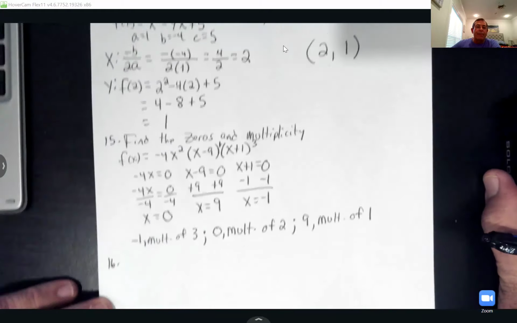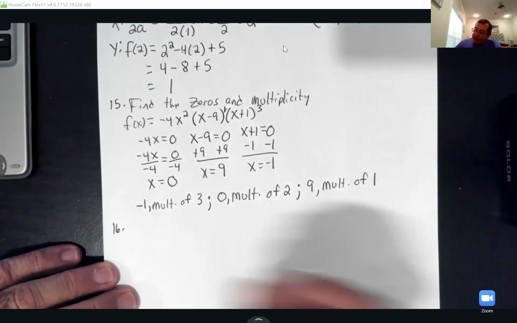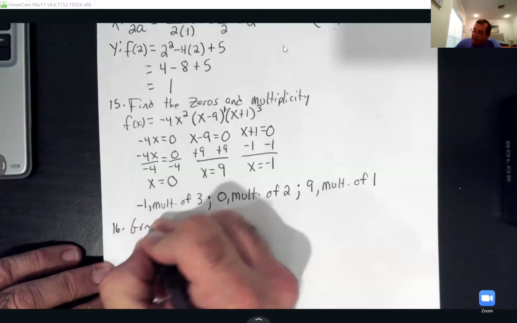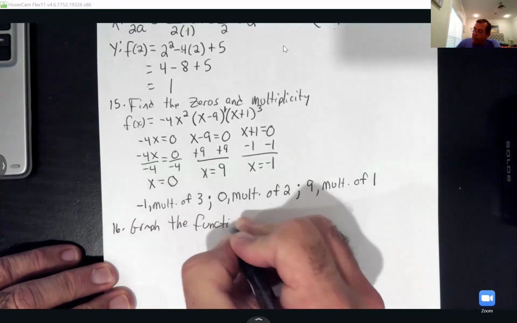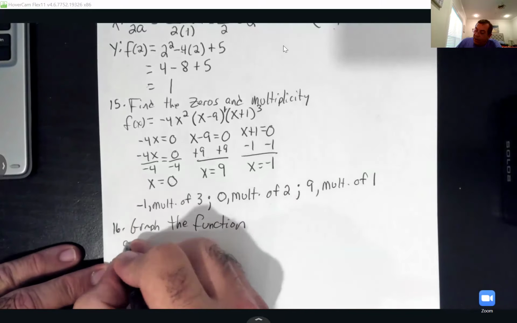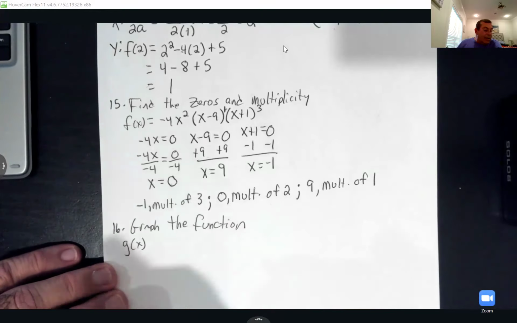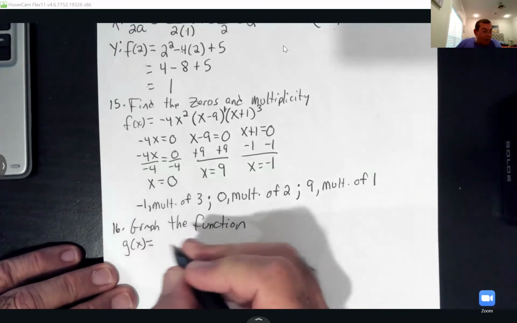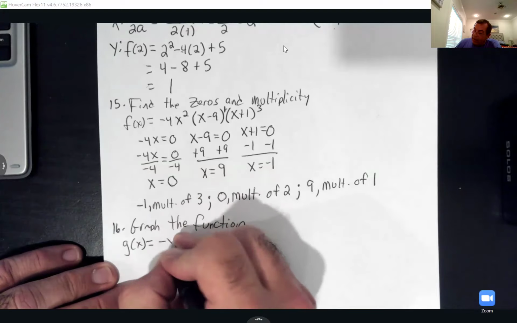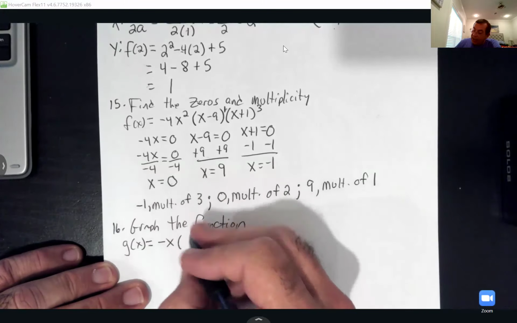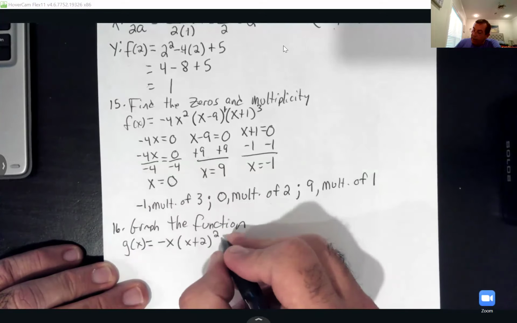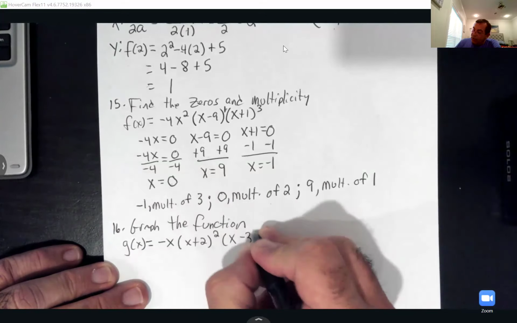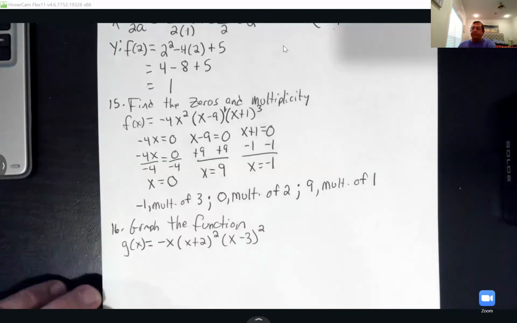All right, y'all, let me see what's happening next. Next, they just want to graph the function. So I'm going to show you a trick on the calculator though. So this is g of x equals negative x times x plus 2 squared times x minus 3 squared.